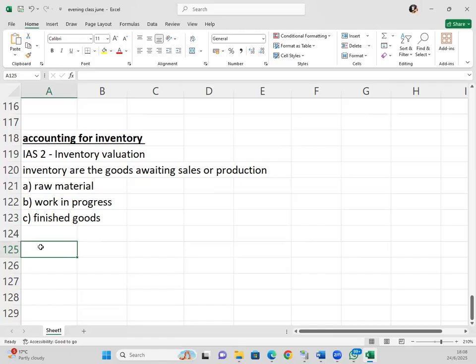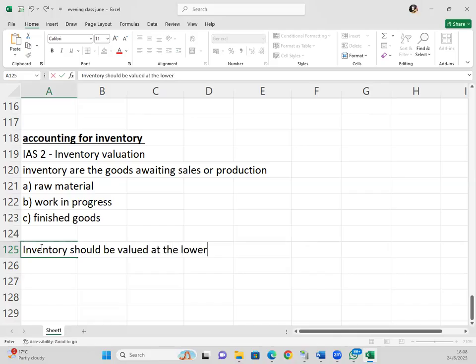So what does IAS 2 say? This standard tells us how we value inventory, in particular inventory of finished goods. The standard says that inventory should be valued at the lower of cost and net realizable value.